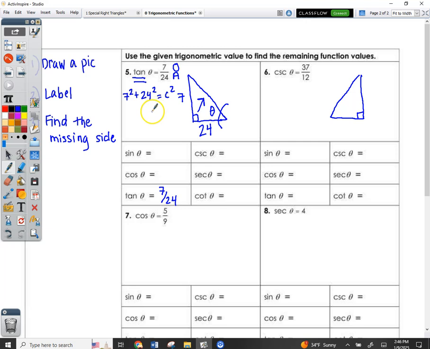What'd you get for C? It's 25. It comes out to 625, but that is the square root. That's a perfect square? Yeah.